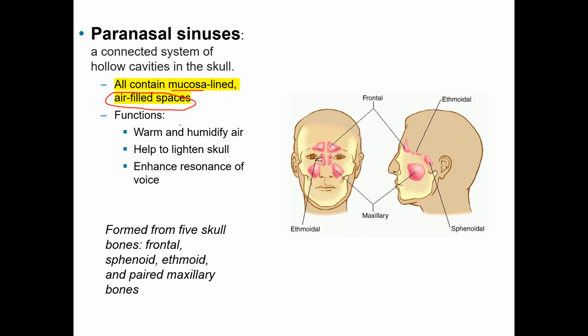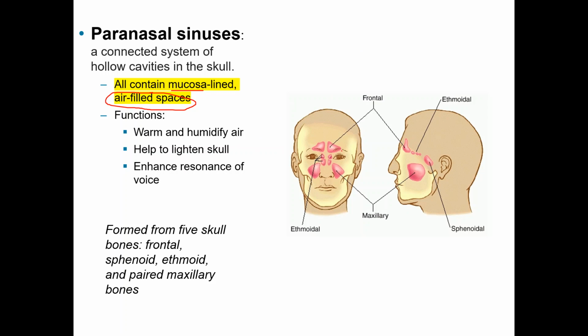The function of these sinuses, which are represented here, and there are 1, 2, 3, 4, and 5 types, is to warm and humidify air as it comes through the nose. Also, because they're cavities, they definitely help lighten the skull, and they also enhance the resonance of voice.